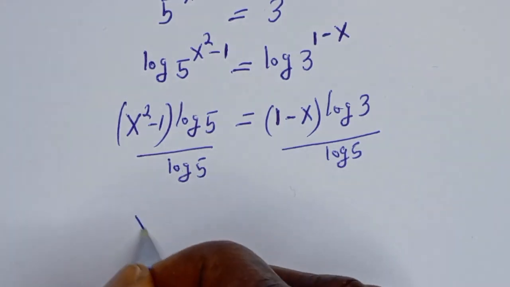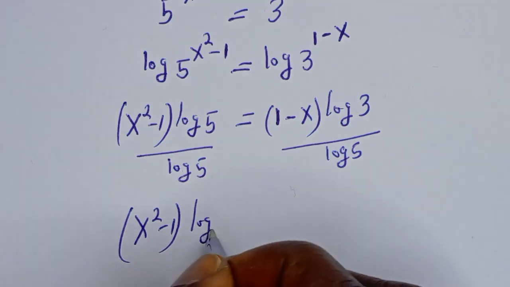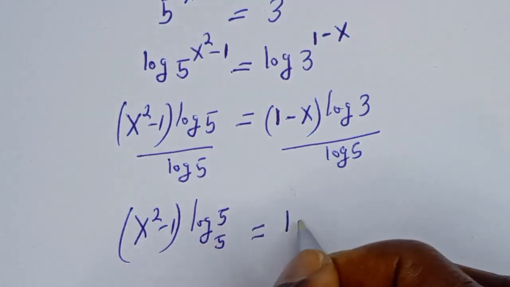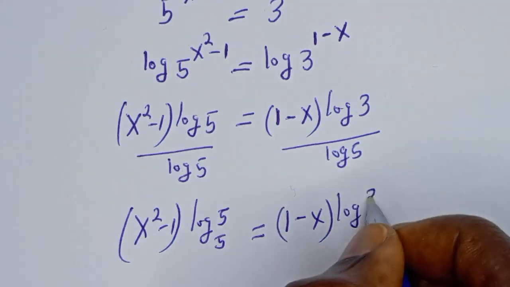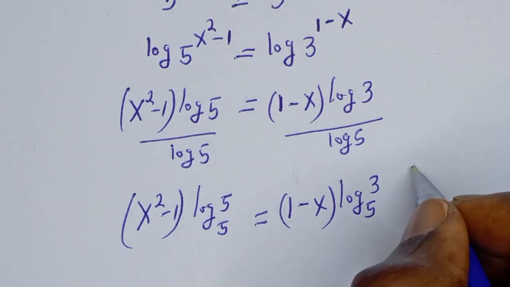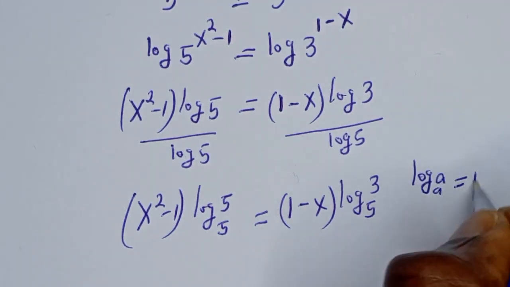This is the same thing as s squared minus 1 log 5 base 5 is equal to 1 minus s log 3 base 5. Now we know that if you have log a base a, this is equal to 1.